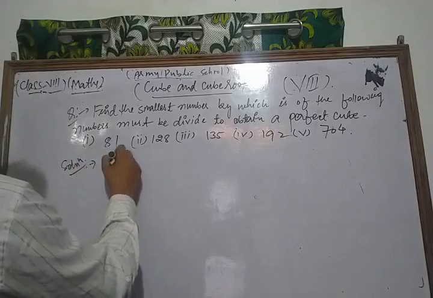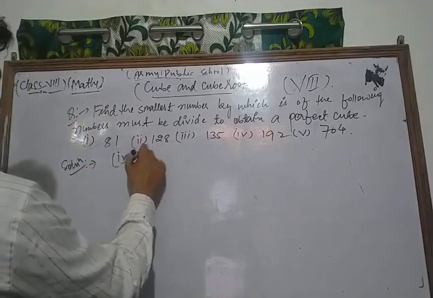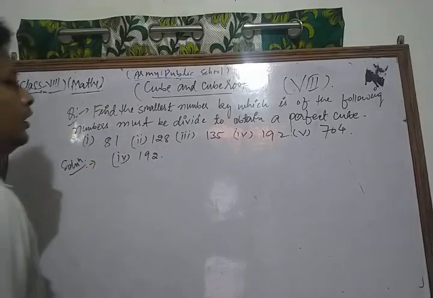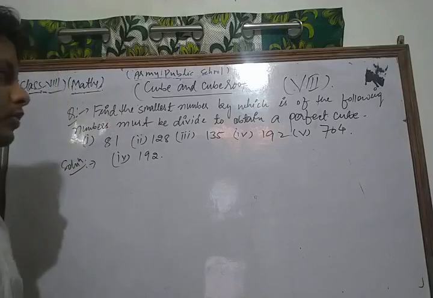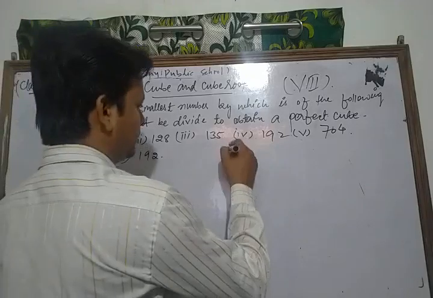Now we take and solve the fourth part of this question, which is 192. Okay. Now what I do, we just do their prime factorization.